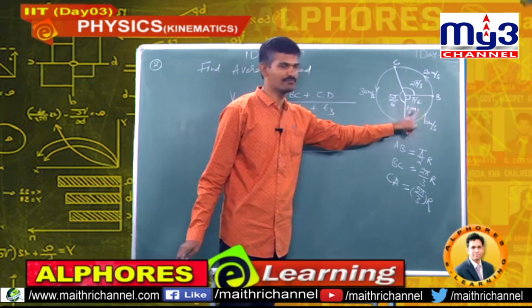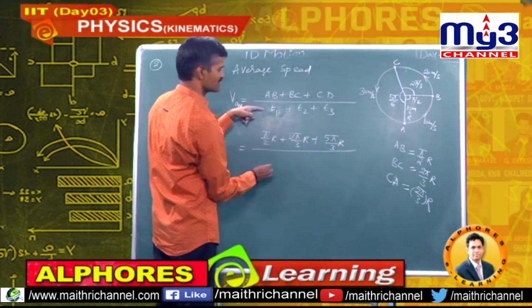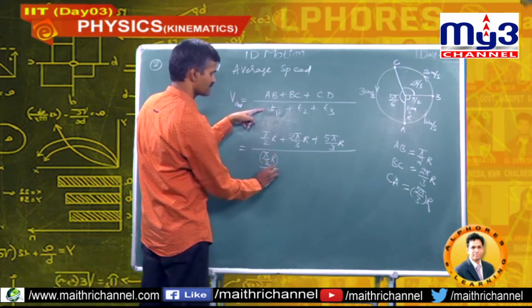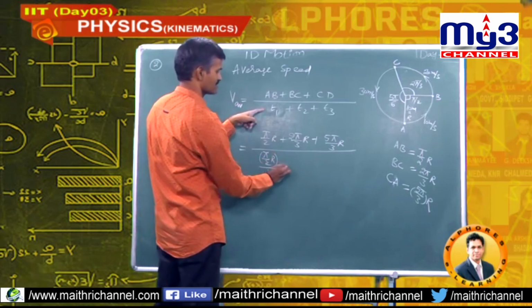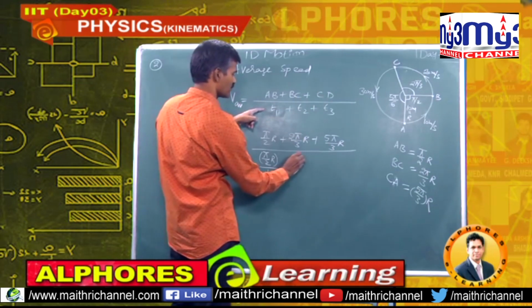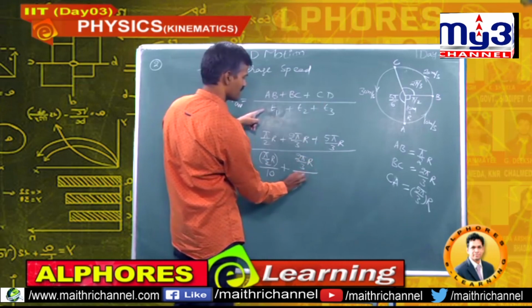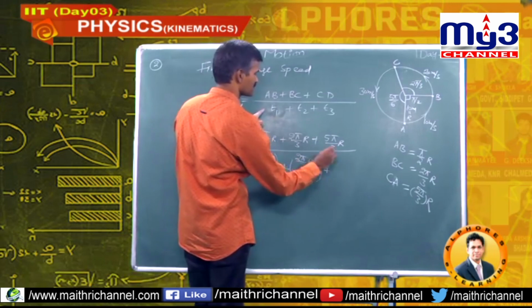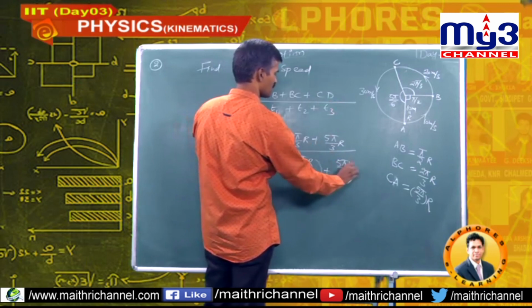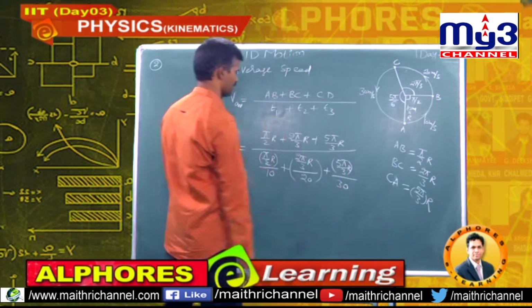So for the interval AB, the time is distance pi by 2 r by speed 10 meters per second, plus for the next journey 2 pi by 3 r by speed 20 meters per second, plus the third interval 5 pi by 3 r by speed 30 meters per second.